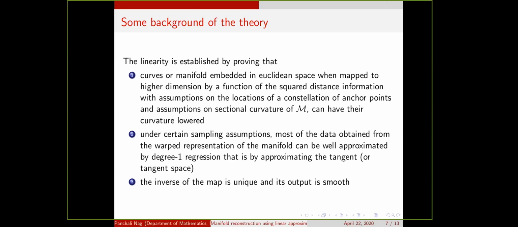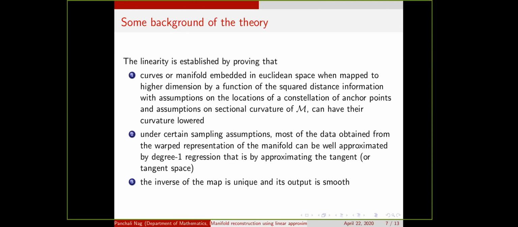The second one is a statistical one: if we are given point cloud data, then under certain sampling assumptions on this data, the warped representation of this point cloud can be represented by a degree 1 regression. In other words, we can just find the tangent in the image if it's a curve, or a tangent space if it's a manifold.